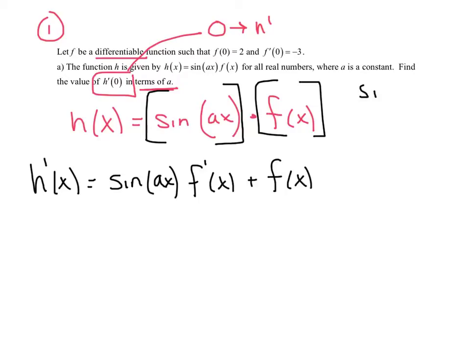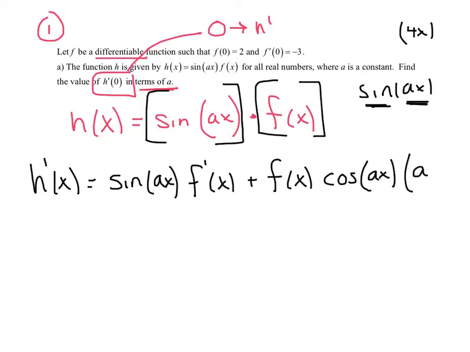And if you have to rewrite it off to the side, that's okay too. The sine of ax is derivative of the outside, keep the inside. So cosine of ax times the derivative of the inside. Well, think about that. If my inside was 4x, my slope would be 4. So if my inside is ax, I'm going to multiply by my slope of a, because a is a constant, remember.